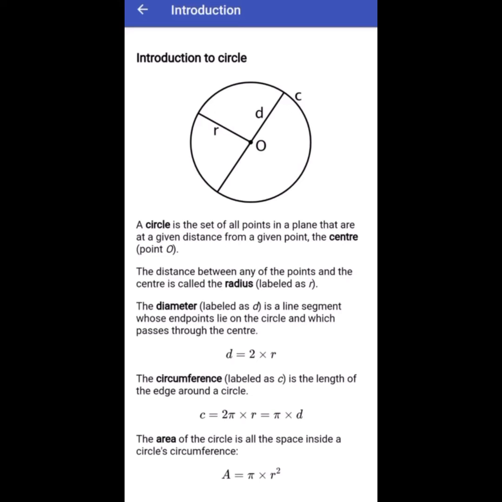So D is equal to 2 times R. The circumference is equal to 2 pi times R, which is equal to pi times D. The area is equal to pi times R squared. That is the introduction to the circle.